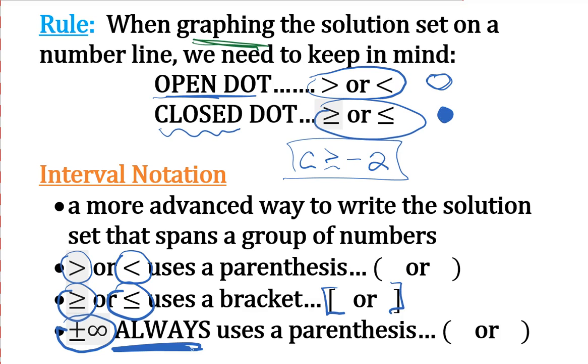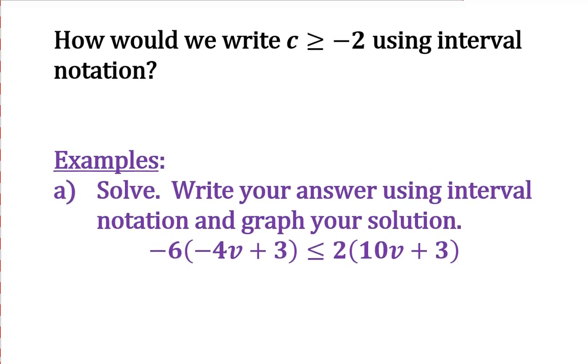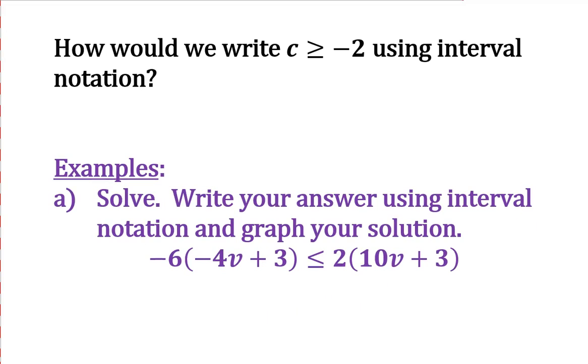So this solution set that we just had in the previous example, x is greater than or equal to -2. This was our graph. We bubbled in and we went to the right. So this is telling us the absolute lowest value that we can use is -2, including -2.